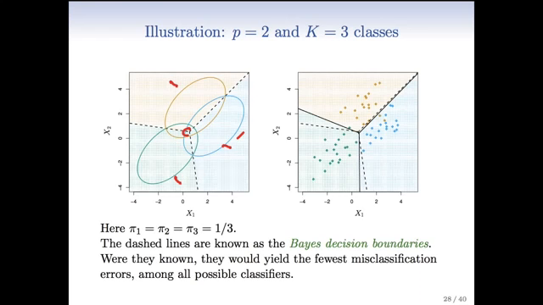Now, of course, we don't know them, but we go ahead and estimate the parameters for the Gaussians in each class using formulas similar to what we had before, but appropriate for this multivariate case. So in this case, we're going to get the mean for x1 and x2 for the blue class, it's about there. For the green class with data points about there. For the orange class, say there.